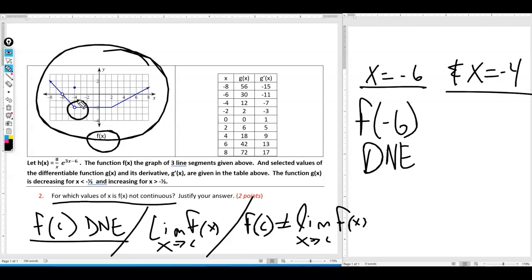All right, well, for x equals -4, the function does exist. And this part you would not write, but just pay attention here. F of -4 exists. It's up here. F of -4 is 1. So that's not why it fails to be continuous. How about the limit? Does the limit exist? The answer is yes. The limit does exist. I'll show you.